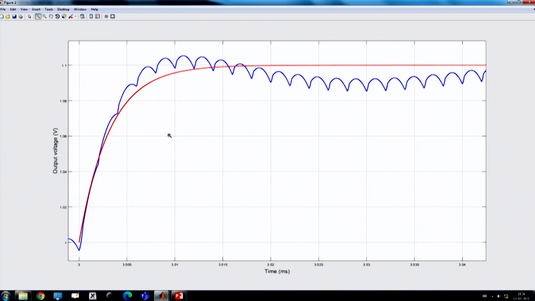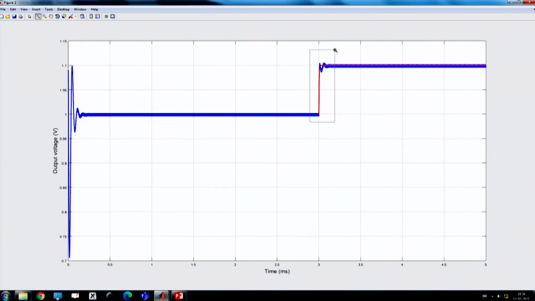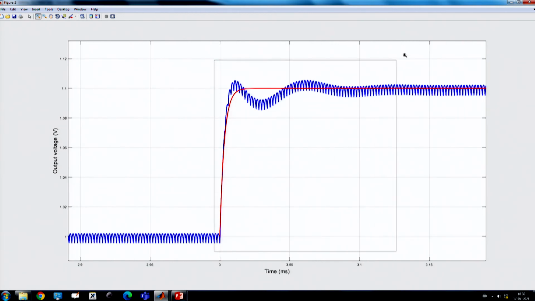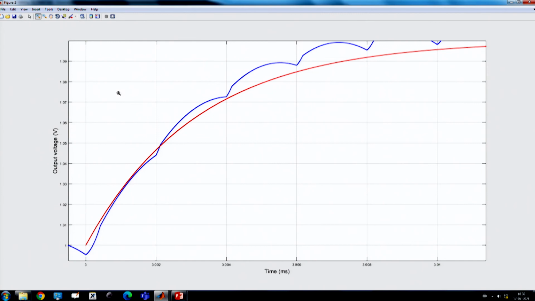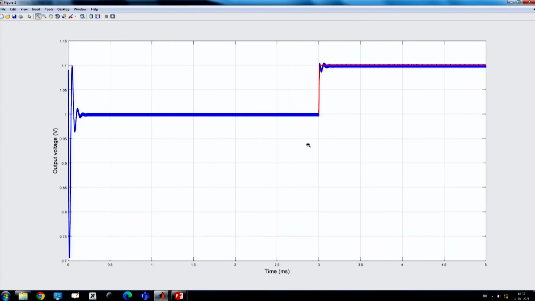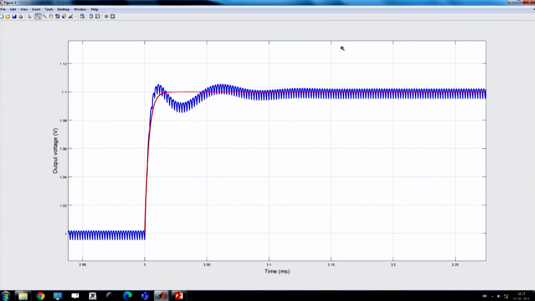But you see the actual closed loop switch system does not behave like a first order, because there is some oscillatory behavior which is not matching. They match to some extent up to some initial stage, after that the model diverges. If the model does not match, then whatever we predict from the small signal model will simply not work, because your actual switch model is deviating.